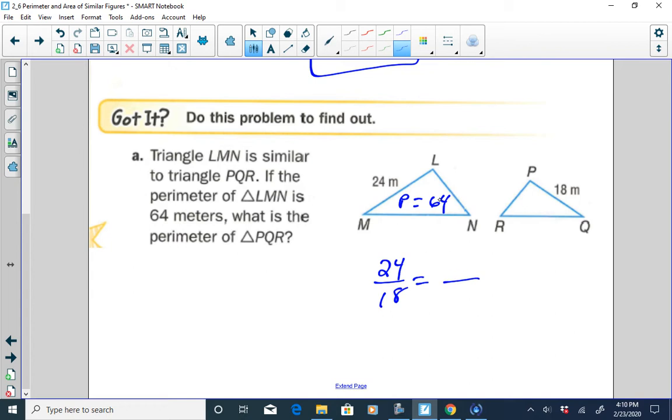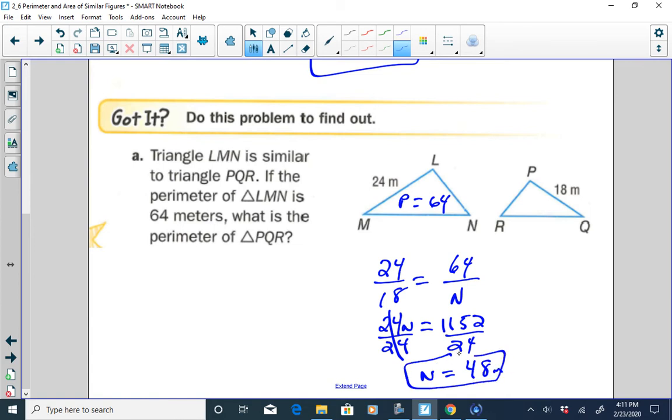Well, I have the larger triangle in the numerator here, so the 64, the corresponding perimeter, is going to go in the numerator there. In the denominator is going to be the perimeter we don't know. When we cross multiply, 24 times n is 24n. 64 times 18 is going to be 1152. When we divide both sides of that equation by 24, n is going to be equal to 48, and that is the perimeter, so those are meters.